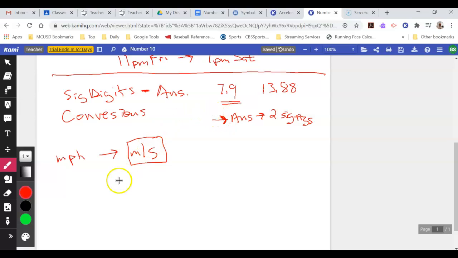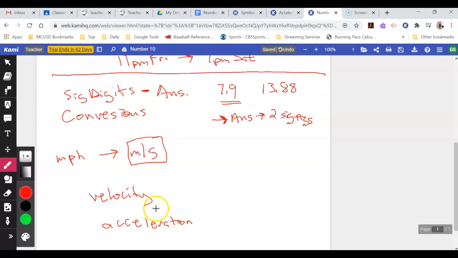And again, you're going to have some problems on velocity and acceleration, somewhere about 3 or 4 for each.